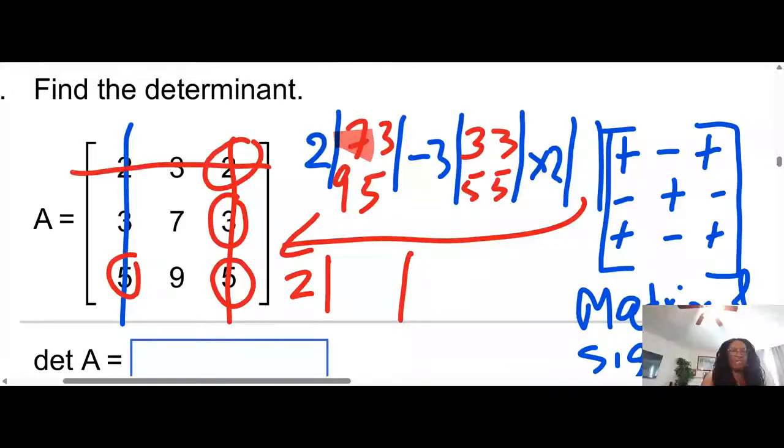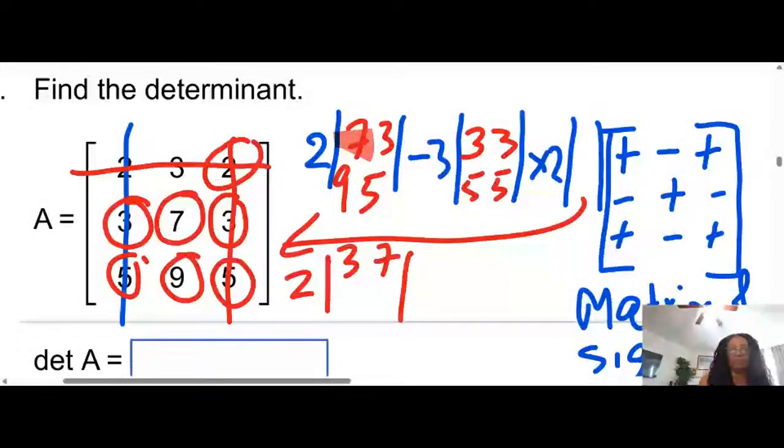So the members of this matrix are 3, 7, 5, 9. Why? Because they are the remainders after I do the vertical cancellation and horizontal cancellation. That's how I got it. Okay, now it is time to evaluate the determinant.